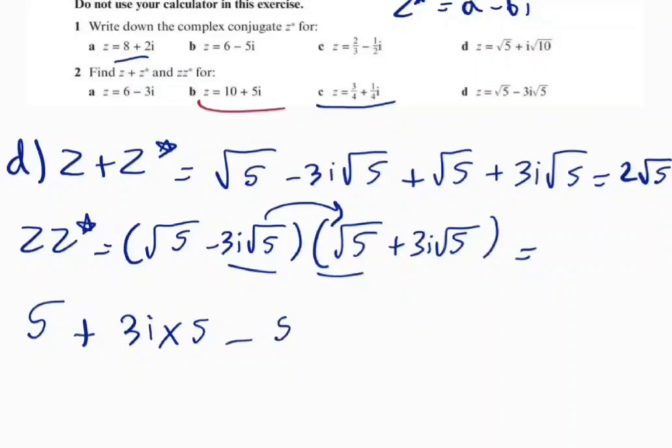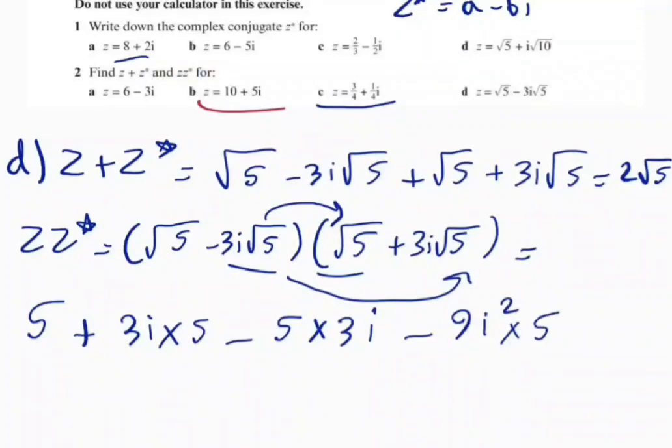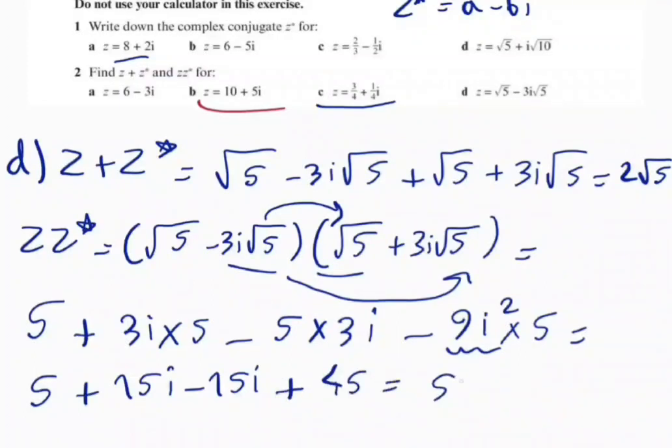So we have minus 5 times 3i, and finally for the last one, this term times this term, we have minus 9i squared times 5. Now let's simplify this. So 5 plus 15i minus 15i. Then i squared is just minus 1, then minus 1 times minus 9 is 9, 9 times 5 is 45, and we get 50. Right, so that's it for this video.